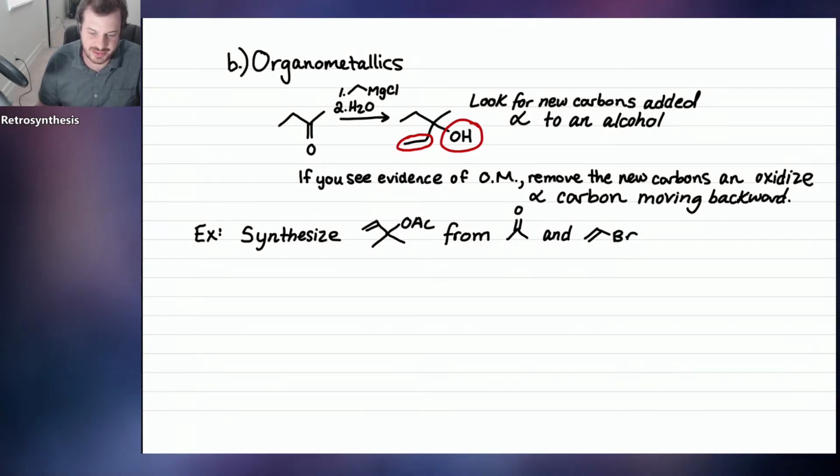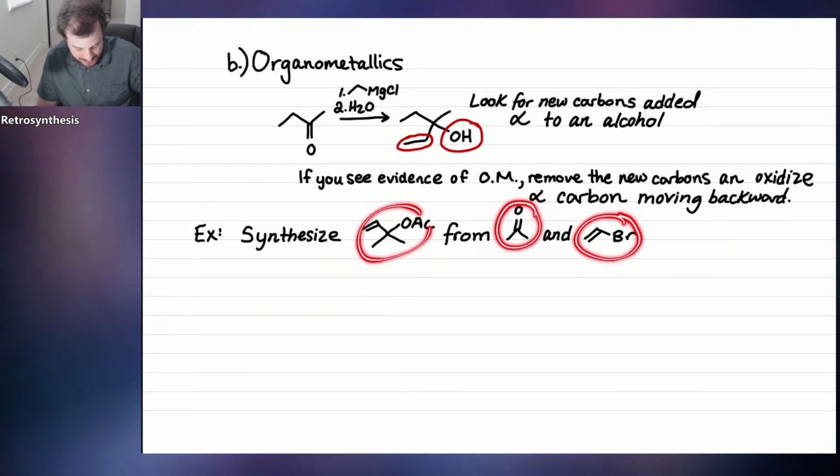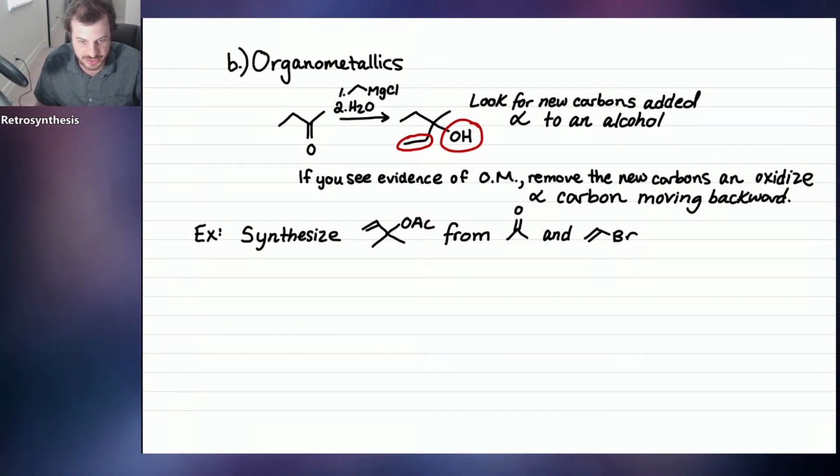And what this means is you need to use these 2 ingredients to make this. And you can use any other reactions you want, but all the carbon in the product has to come from these 2 molecules.